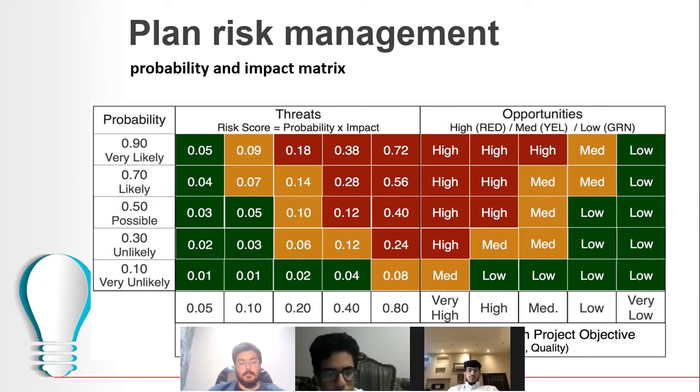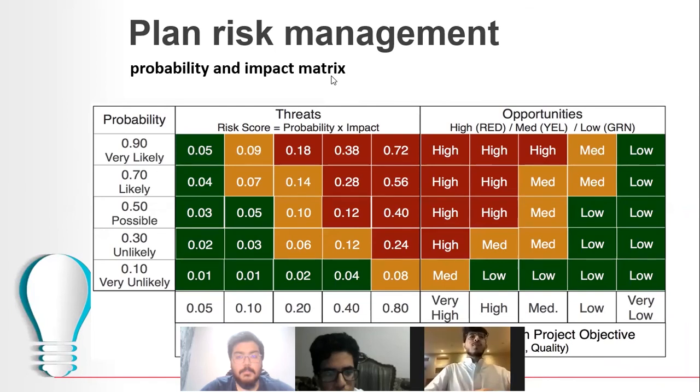We have probability. Okay, maybe there is some bad connection for Yazeed.